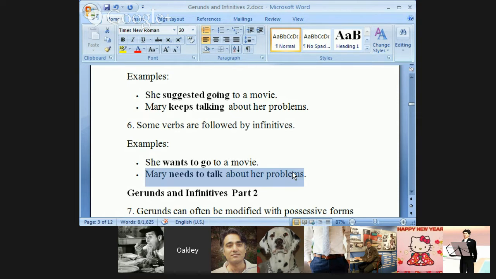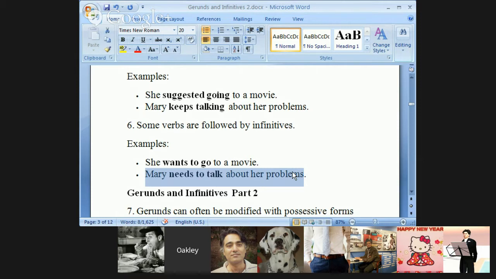No. Are you sure? Because my laundry needs doing, and my bathroom needs cleaning. But it's verbs followed by infinitives.